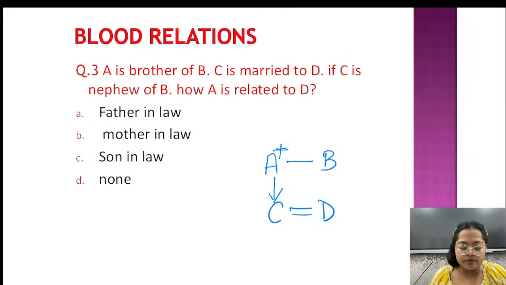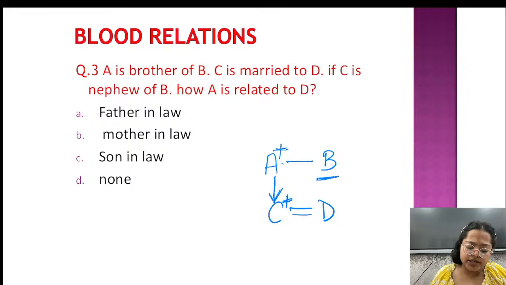We have mentioned nephew, so C is the male person, nephew of B. Okay, so if C is the son of A, then only C is the nephew of B.